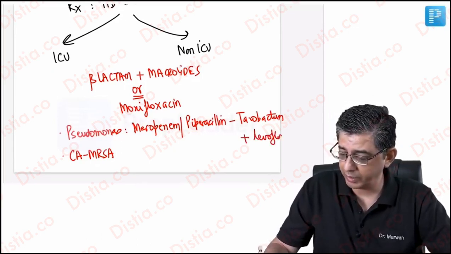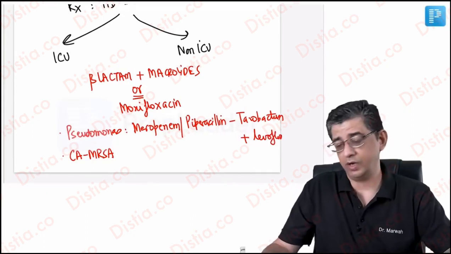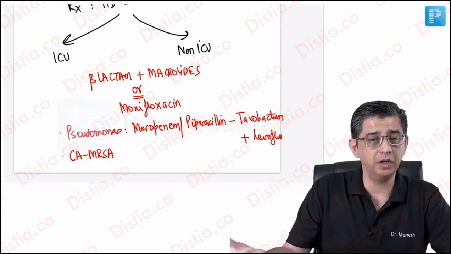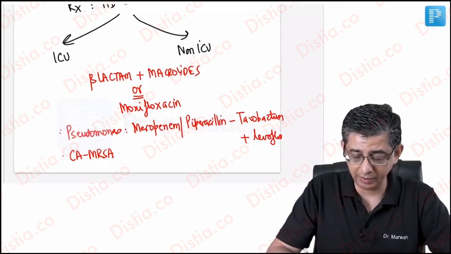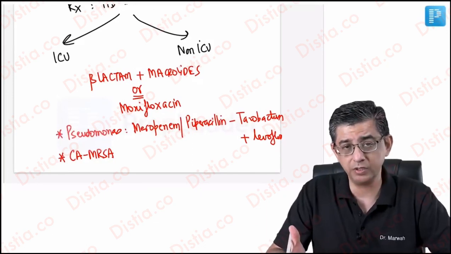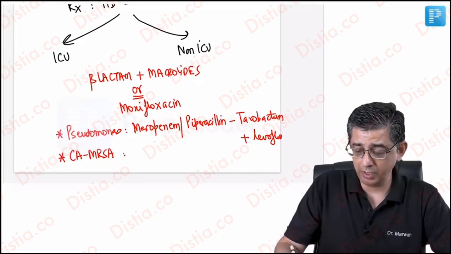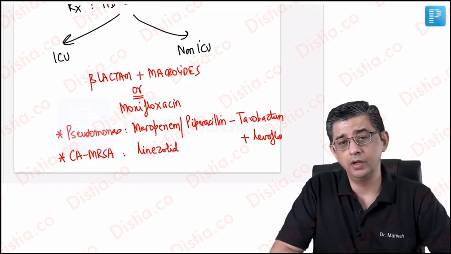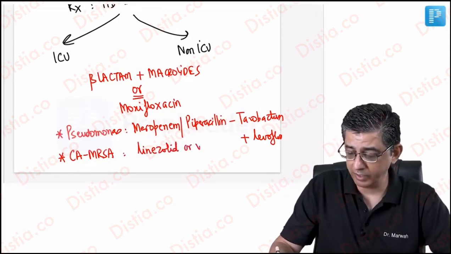Because I've already written moxifloxacin a couple of times, I have just mentioned levofloxacin here, but the message is that for Pseudomonas, special cover has to be given, considering the fact that it is picked up either on a sputum culture or by circumstantial evidence of structural lung disease. If it is MRSA, then he mentions that you should add linezolid or vancomycin.